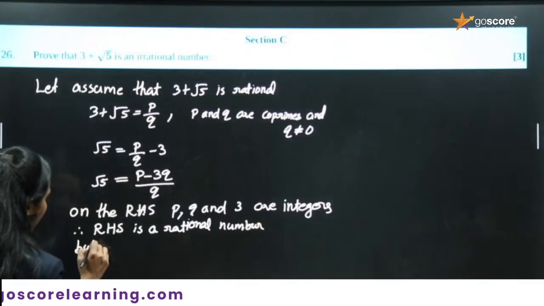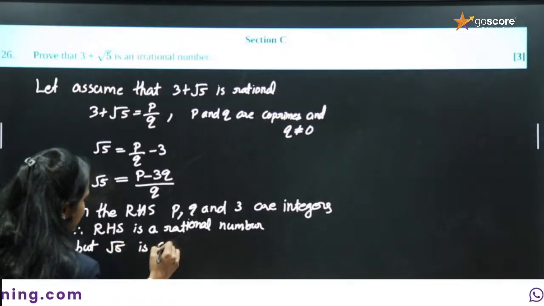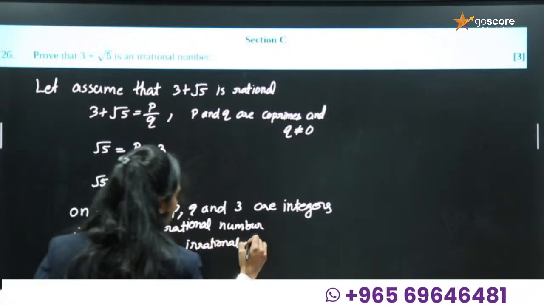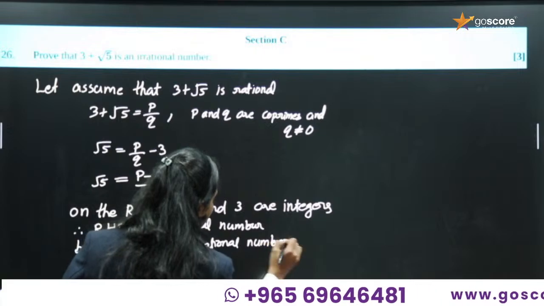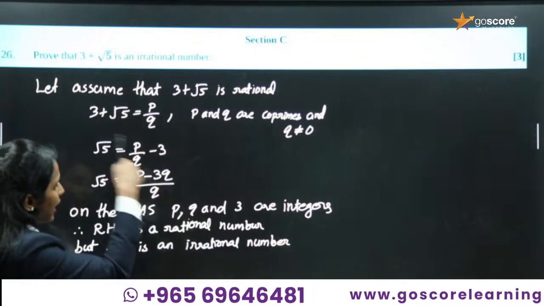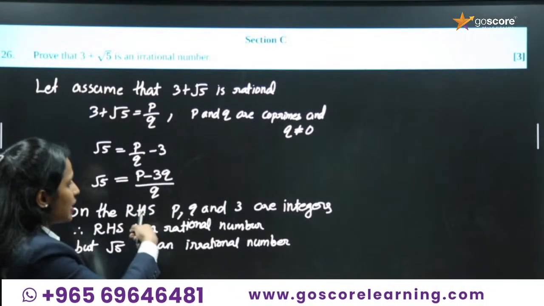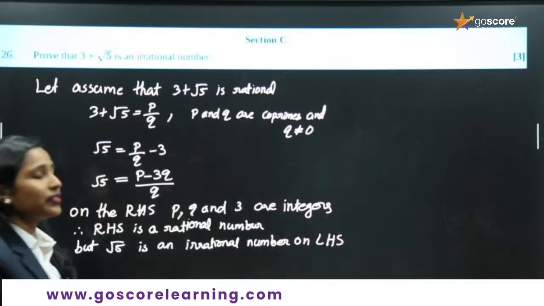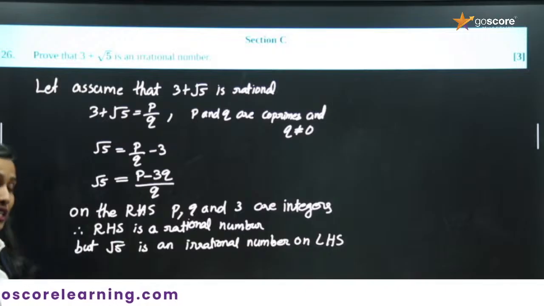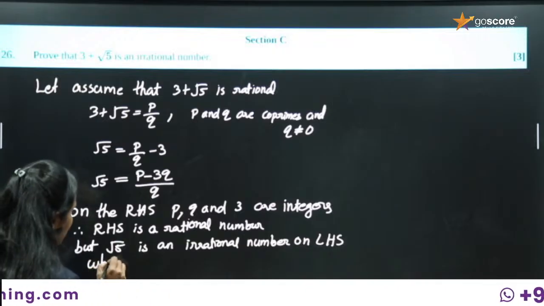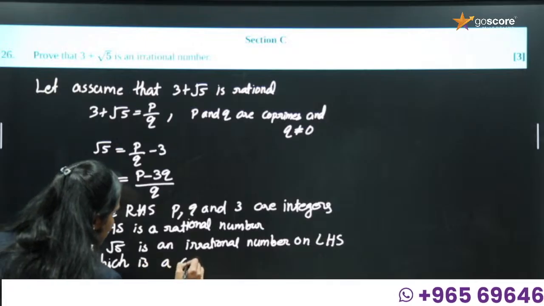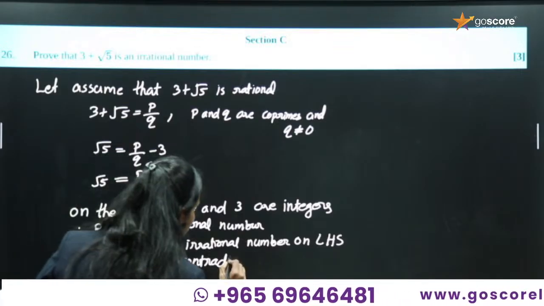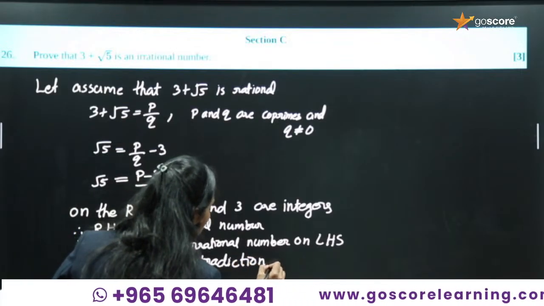But root 5 is an irrational number, that we know. So on the RHS we have a rational number and on the LHS an irrational number, which is a contradiction. So we will write, which is a contradiction.